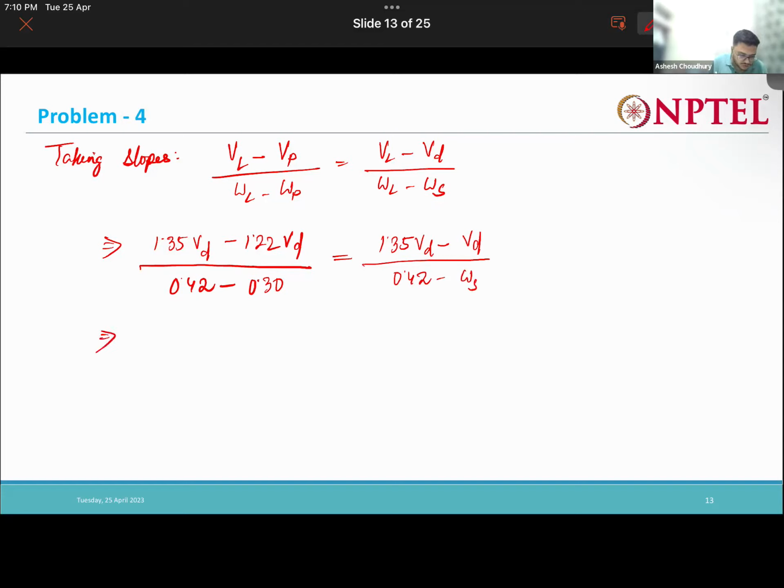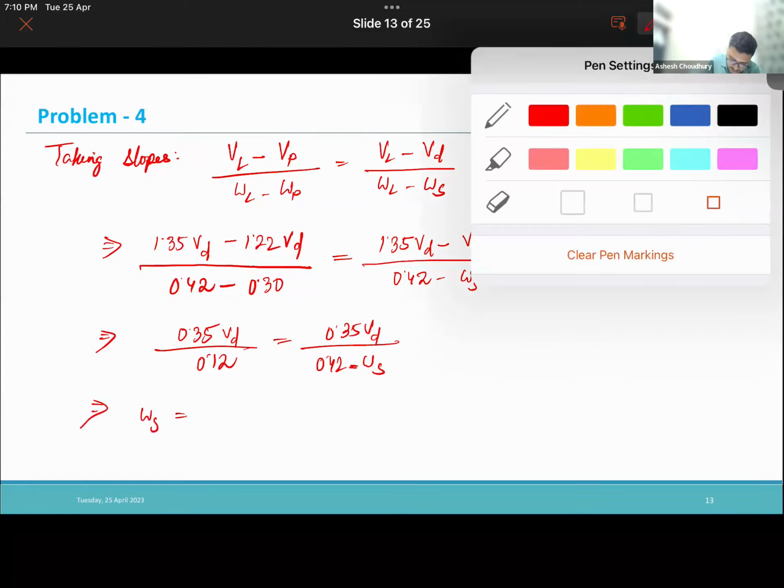So now if we do the arithmetic operations, we get this. So please find out WS, okay? From here, this is minus. So 0.35 VD, 0.35 VD.